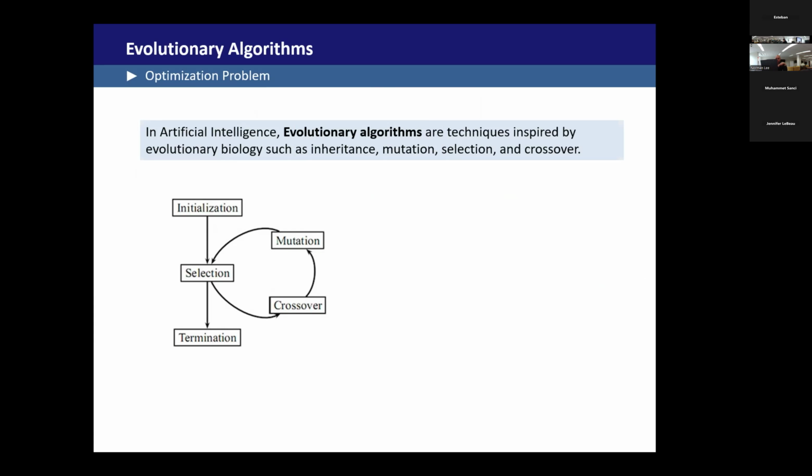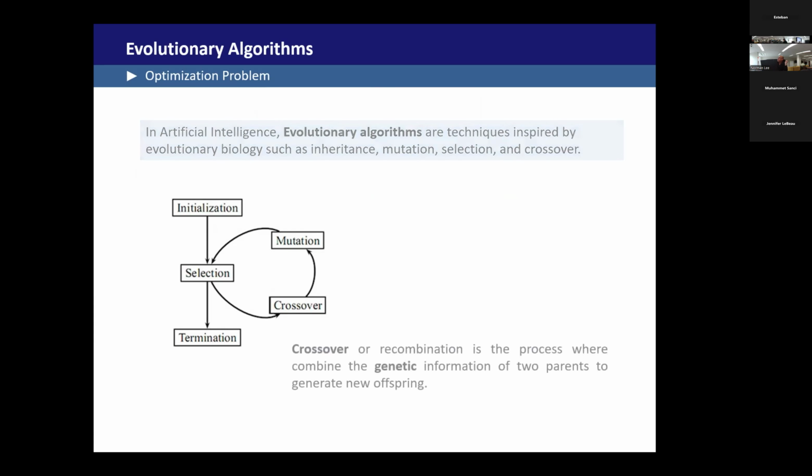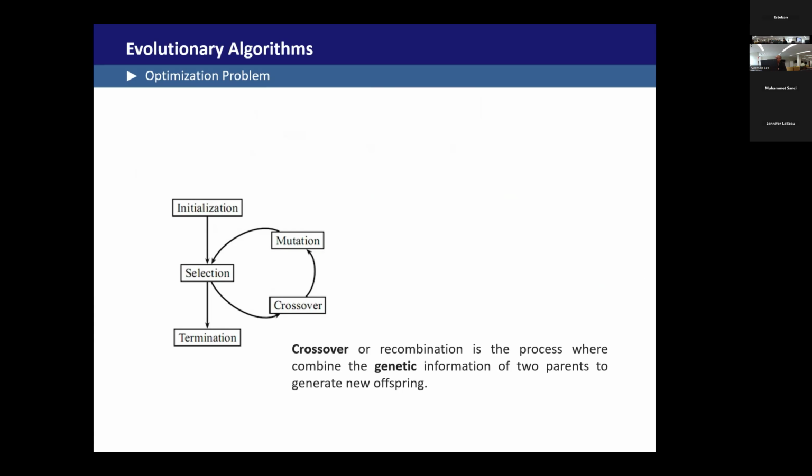It's called selection, crossover, mutation. And after a few cycles, we basically finish the whole thing. The other concepts are quite intuitive from evolution.